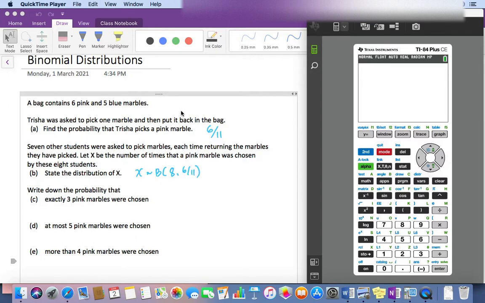Okay, so next we want to write down the probability that exactly 3 pink marbles were chosen. Okay, so notation wise, that is the probability that X is equal to 3. Okay, so we're going to use our calculator for that, and we go to second function, distribution, and we press the up button because the binomial PDF and CDF are closer to the bottom.